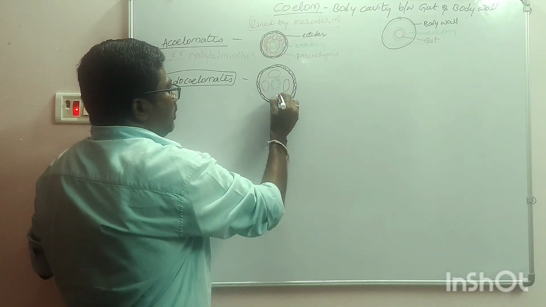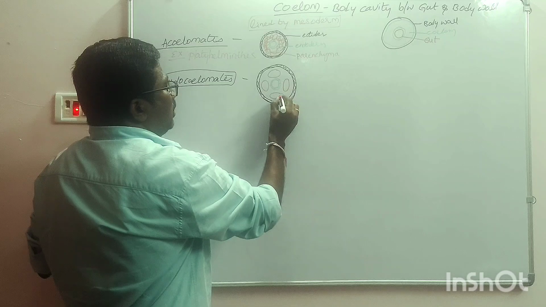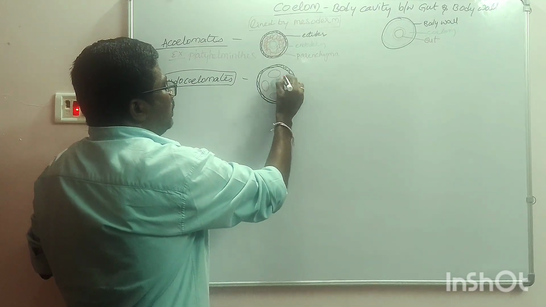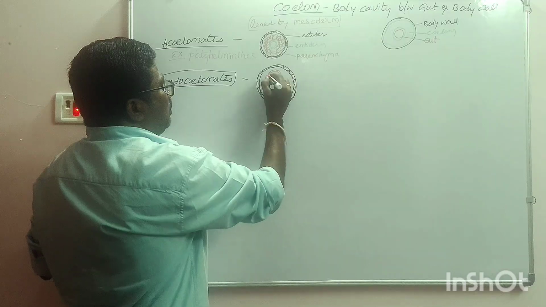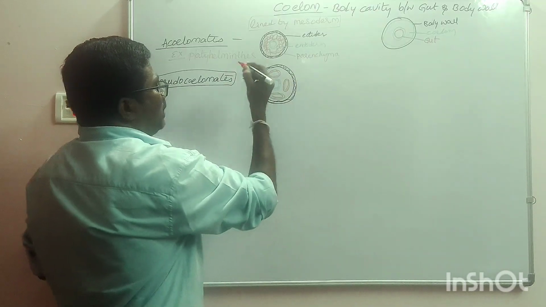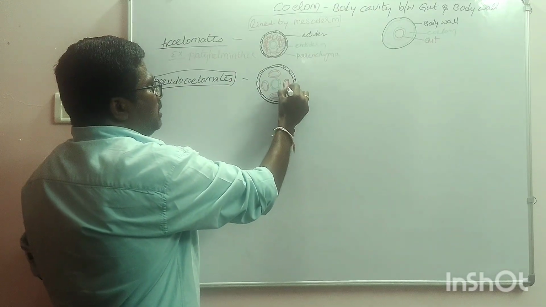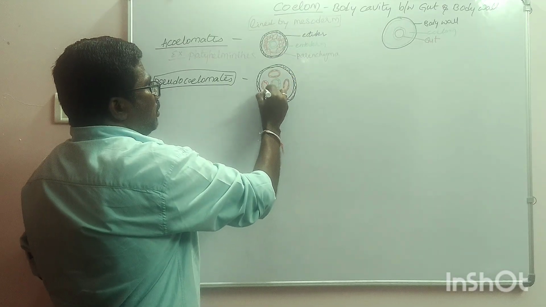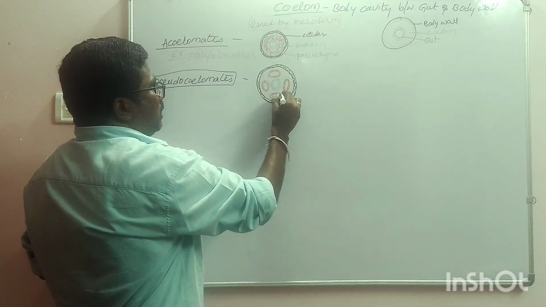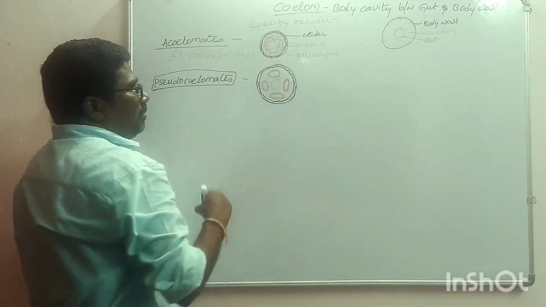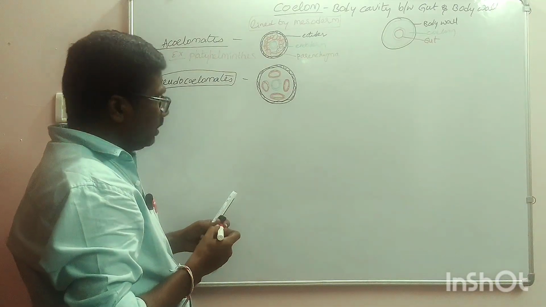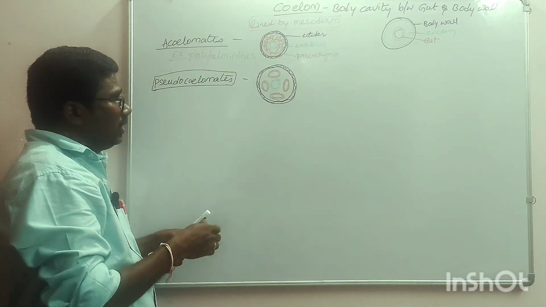It will be formed like pouches in the blastocoel. This is the mesoderm. So we don't see coelom here. Mesoderm is there, but mesoderm is not forming the coelom, right?